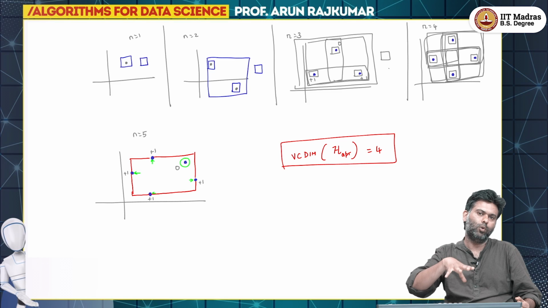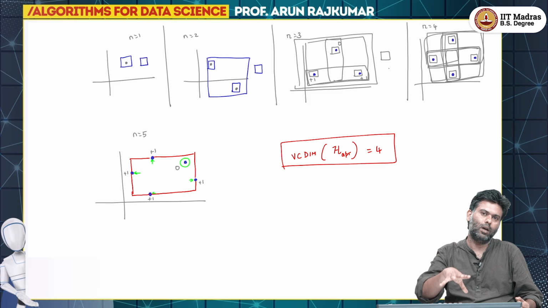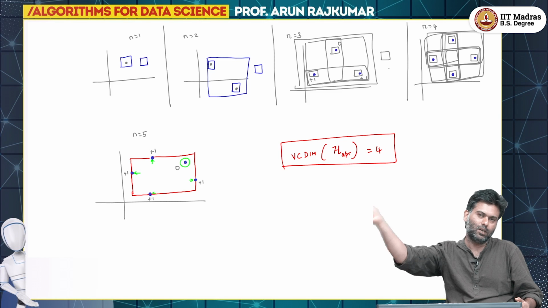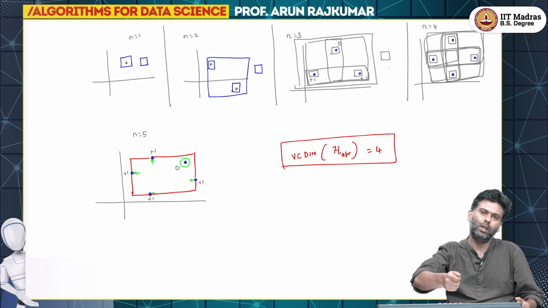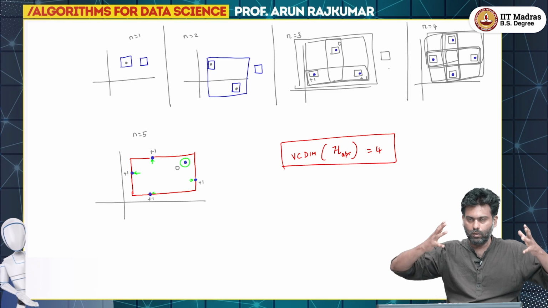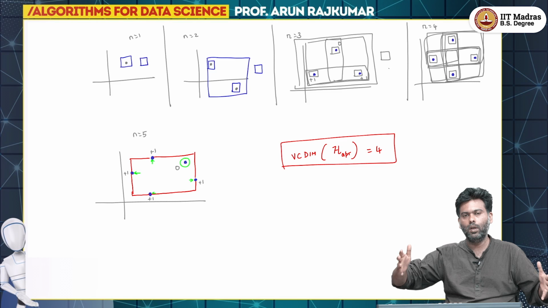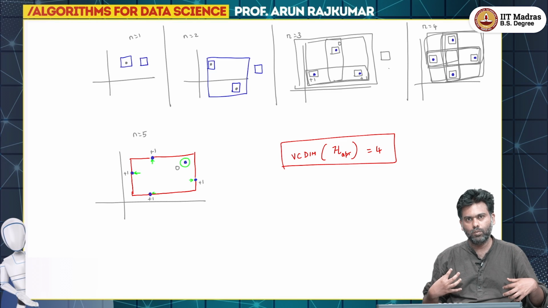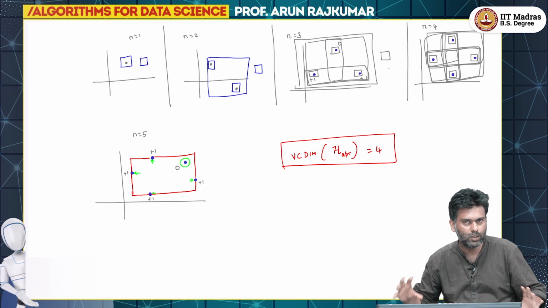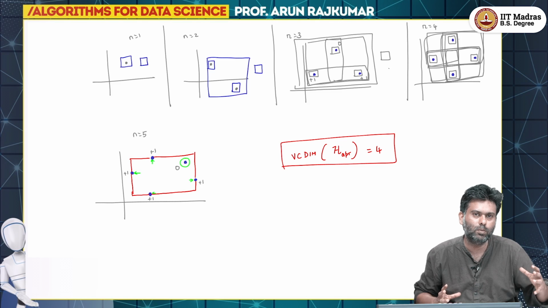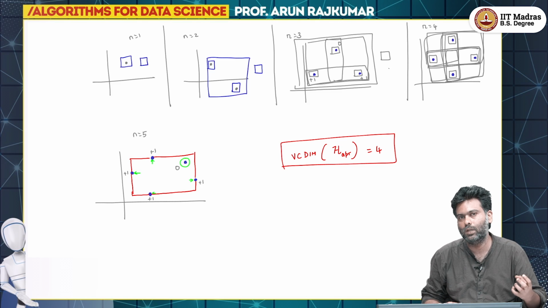Let us say I give you 50 points in R2, and I am asking, you have this class of axis parallel rectangles, take every rectangle, try to label it. Though there are infinite rectangles, I know that there are only a finite set of possibilities. Is it going to be 2 power 50 or is it going to be smaller? Now, I know that the VC dimension is 4, and how does the VC dimension relate to the number of possible labelings? That is the key question we are asking.